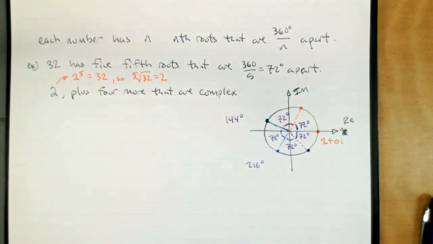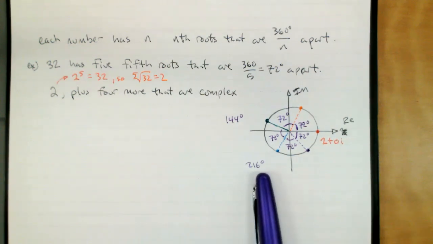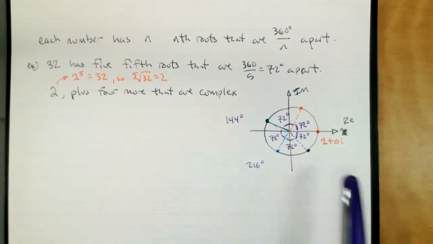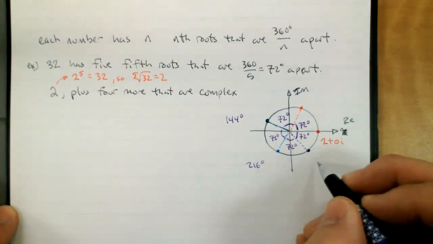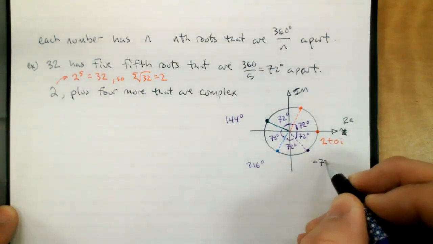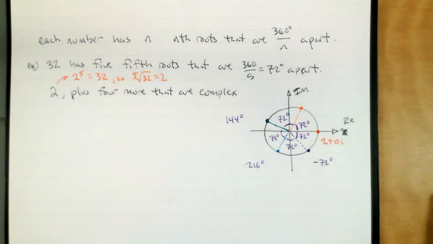The 5 fifth roots of 32 are going to divide up that 360 degrees. It'll be 72 degrees apart. And that one will be in the fourth quadrant because 216 plus 72 is negative 72. Would that be 288?